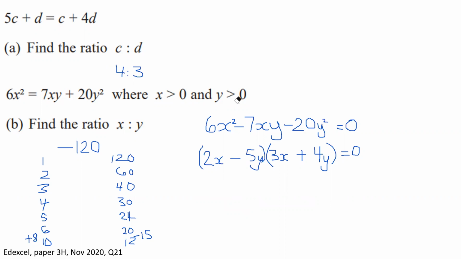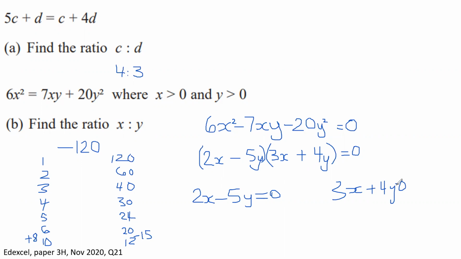So the next step is to say, which one of these is going to give us an answer where both x and y are positive? We can set each bracket equal to 0 separately, as we would normally do for a quadratic. So we've got 2x minus 5y equals 0, and 3x plus 4y equals 0.